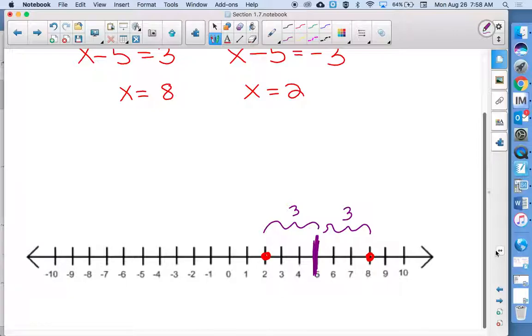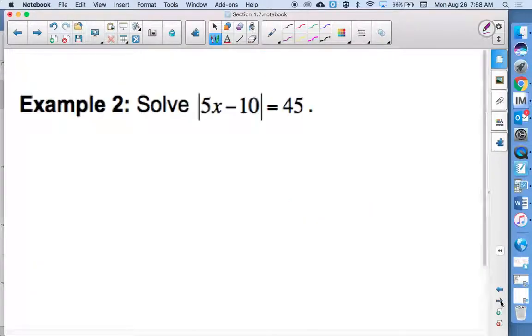So if you want to flip your page over, there's a second absolute value, a little more interesting.